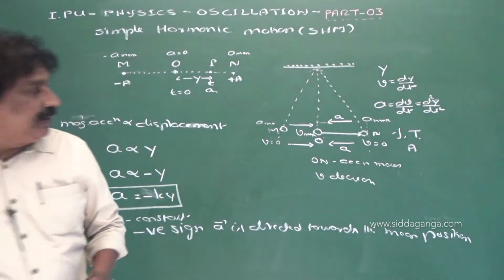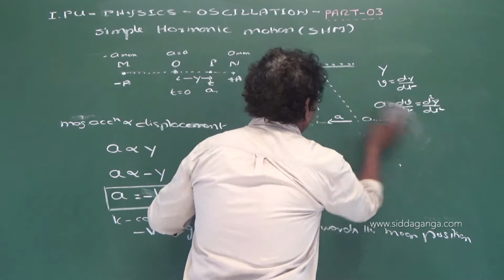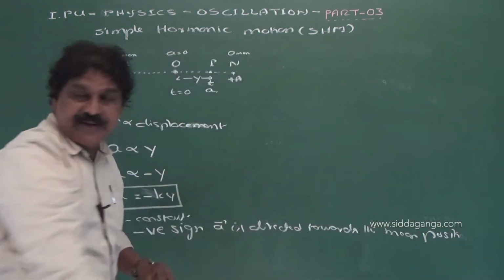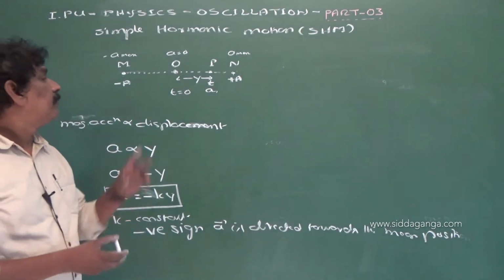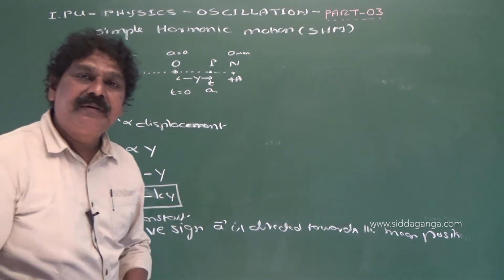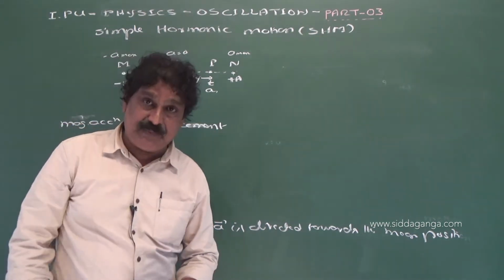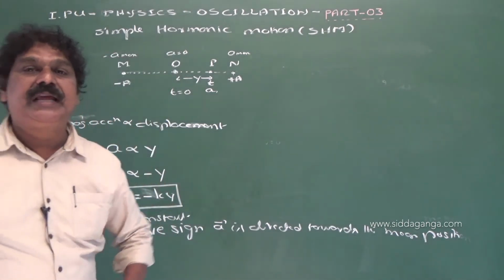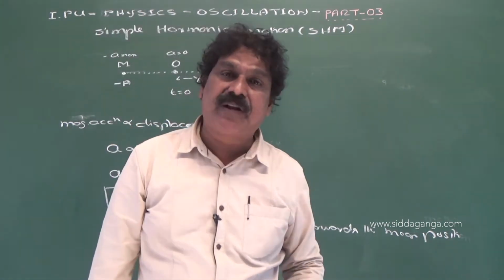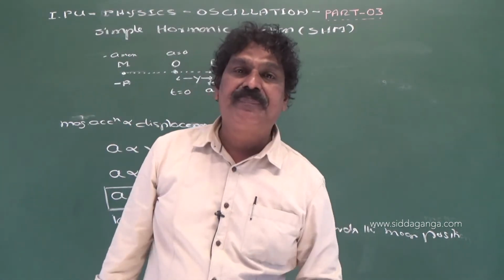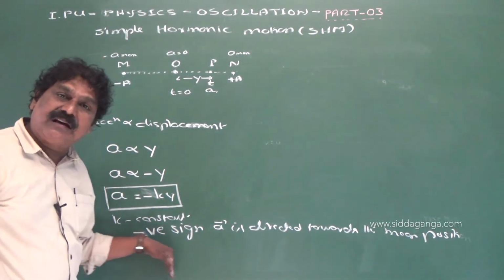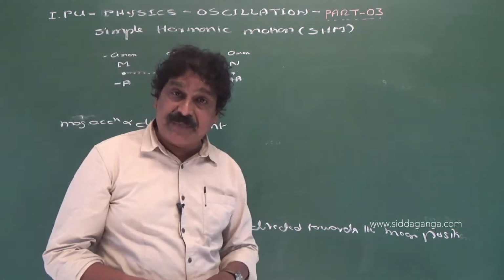Now, so it is clear that a motion which is periodic, a motion which is to and fro about the mean position, a motion in which the magnitude of acceleration is directly proportional to displacement from the mean position, a motion whose acceleration is always directed towards the mean position.